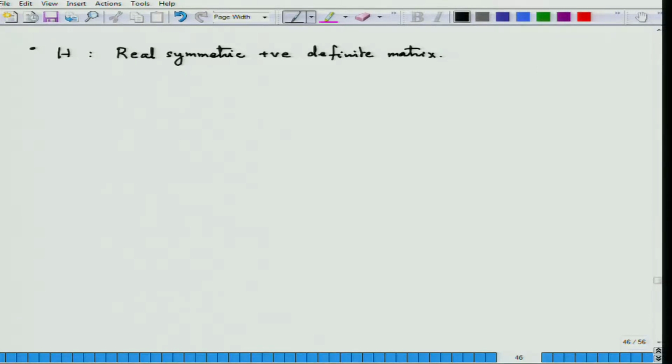Once I have this, the first fundamental property of conjugate vectors is linear independence.